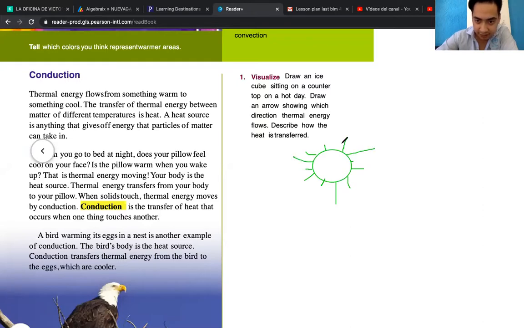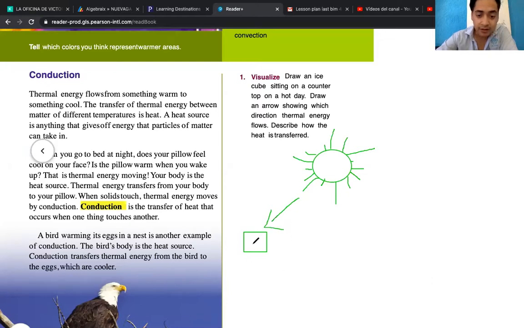Imagine that's the sun with a lot of imagination, okay? So that's the sun. And here at the bottom, I'm going to draw a cube. Imagine this little cube here is an ice cube, okay? Where do you think the energy is going to come from? The energy, obviously, is going to come from the sun all the way to the cube.